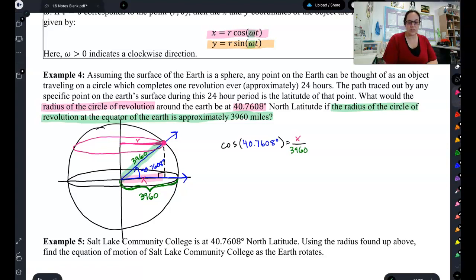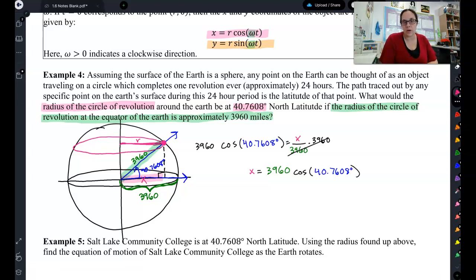And if I solve this for x by multiplying both sides by 3,960, I get this equation, which you can just put into your calculator. Make sure you're in degree mode.